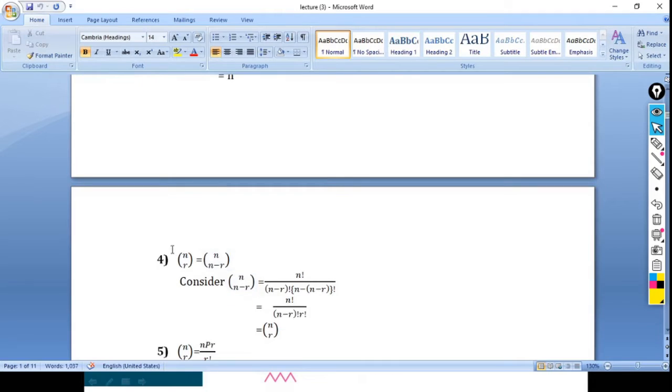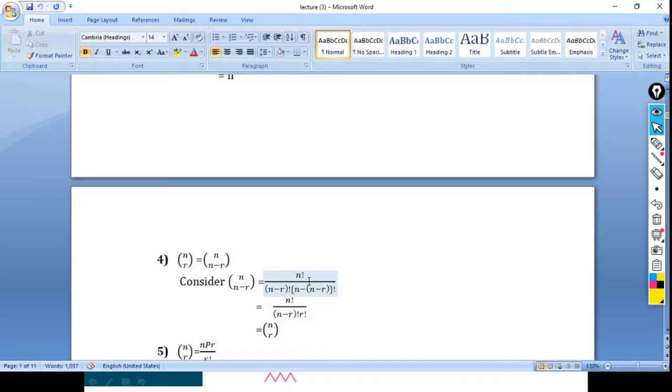The fourth result is nCr is equal to nC(n minus r). Now I am taking the RHS first. So nC(n minus r). Use the formula for combination, that is n factorial upon r factorial into n minus r factorial. Now here, instead of r we have n minus r. So substitute r equal to n minus r.